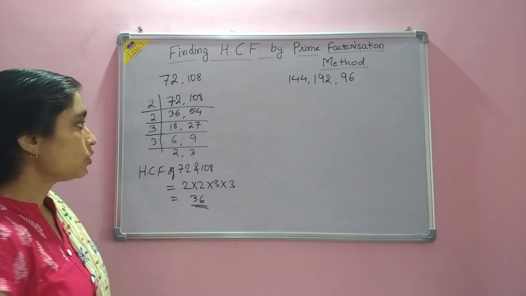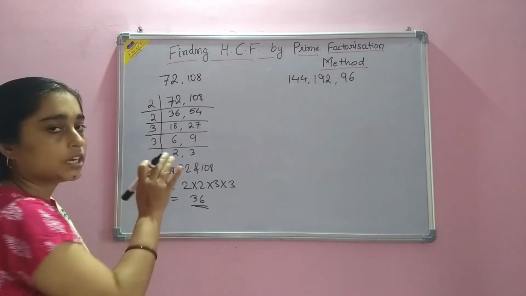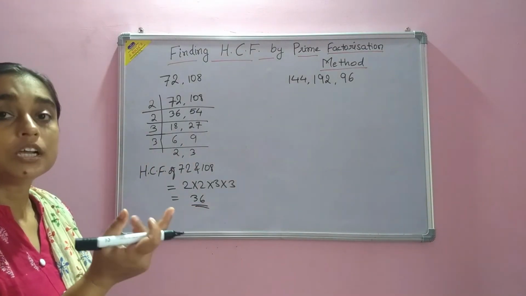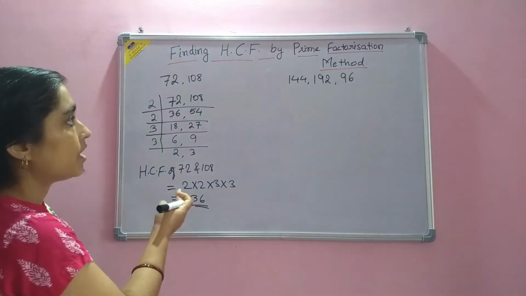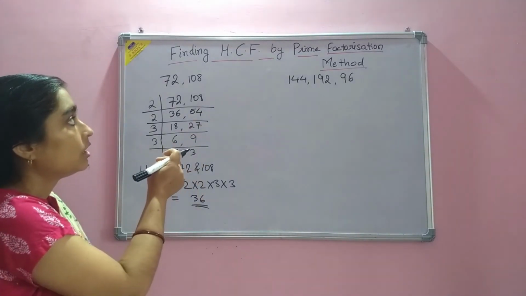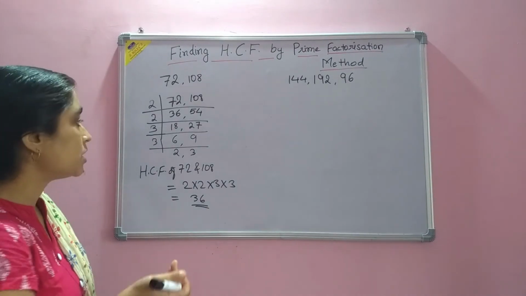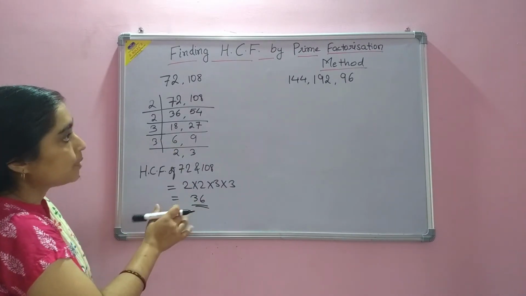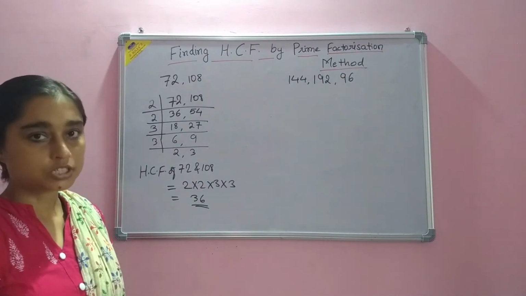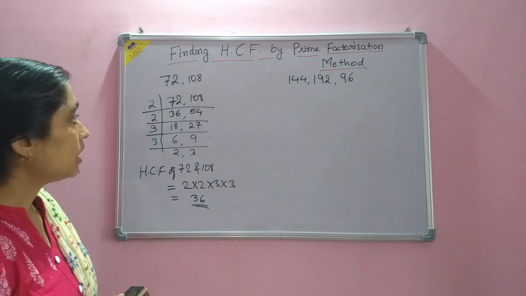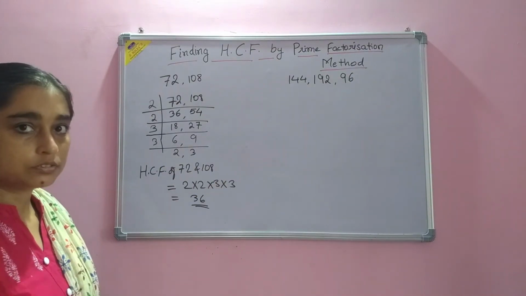Understood now? So this is one method and that one was another method. By these two methods we can find the HCF of two numbers or more than two numbers by the prime factorization method. Understood? Now we have one more example.